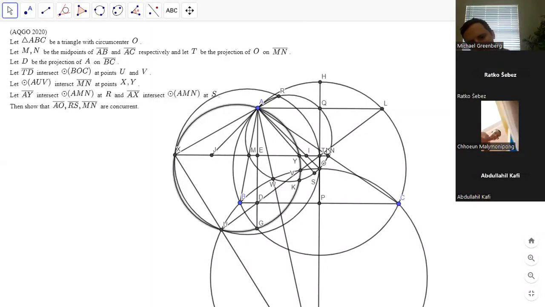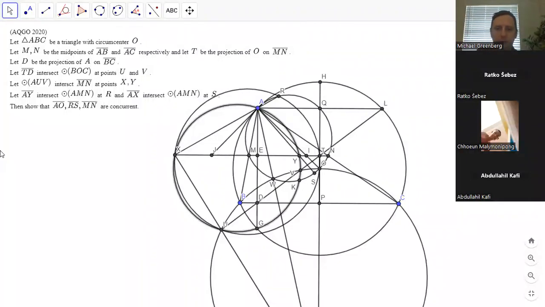We just need YVUX is cyclic, which is because here it's saying AUV intersects it at X. And then, okay, so AUVXY is cyclic.